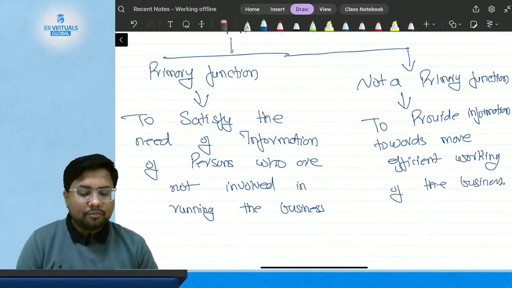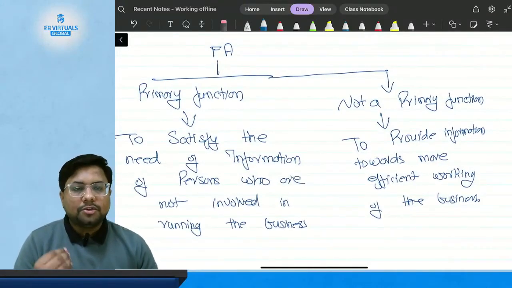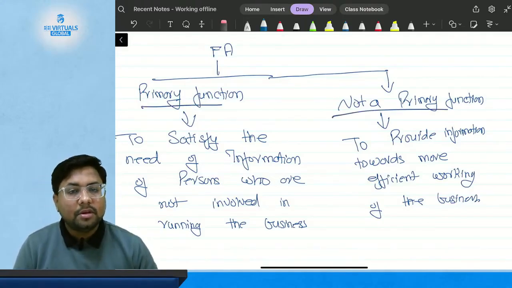Management can use the information, but it is not the primary function to provide information for the more efficient working of the business.